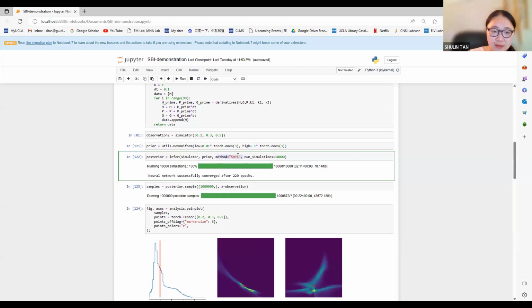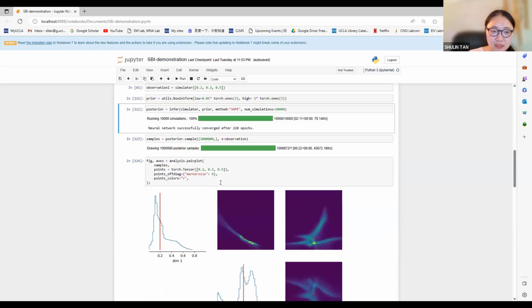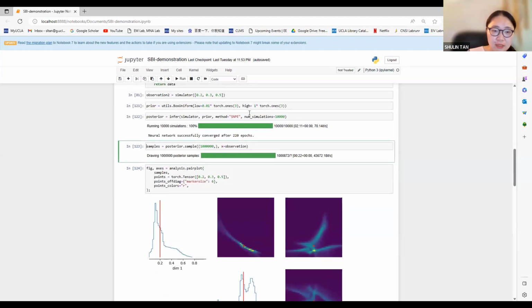I specify the inference method and number of simulations, and then run it. This is quite time costly, and it is just trying to train the distribution of observation given the parameters.